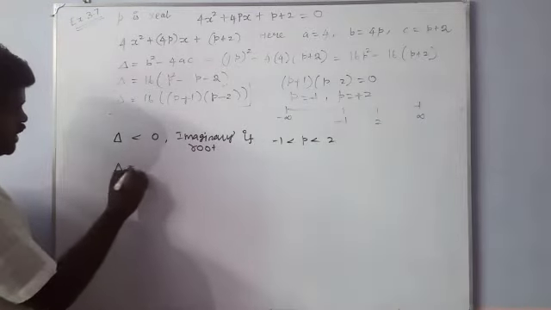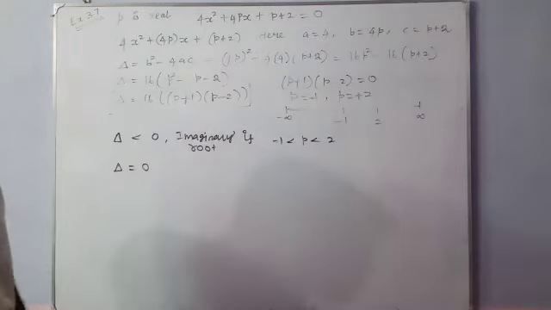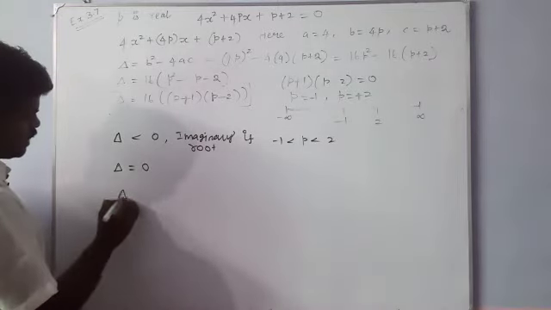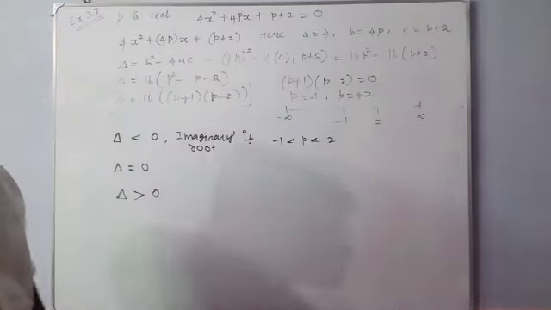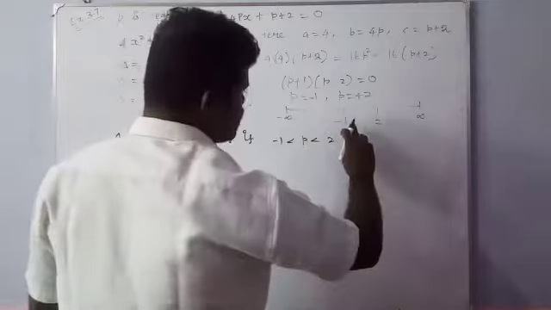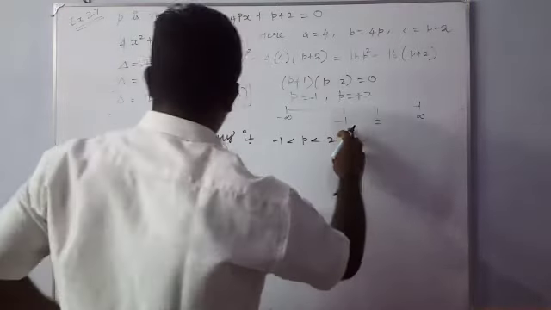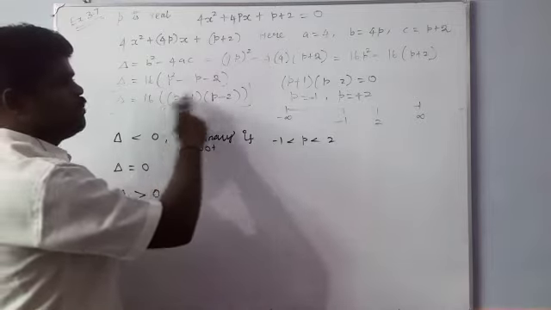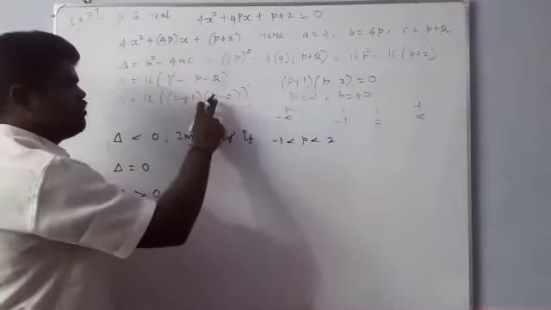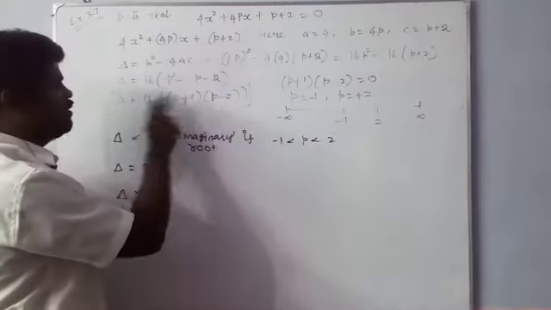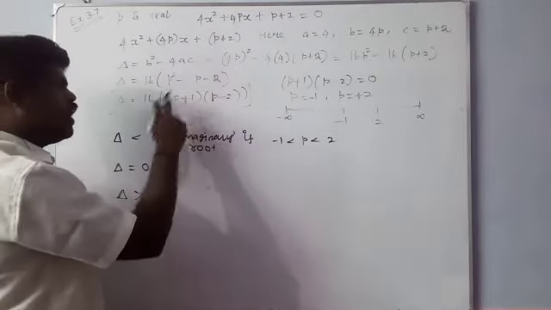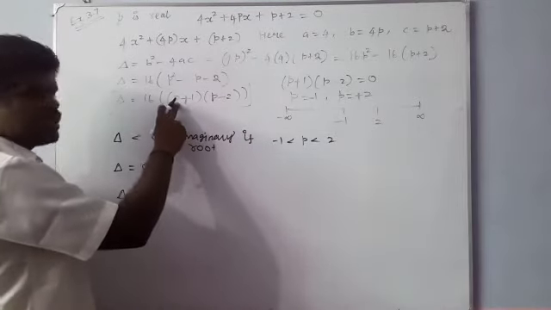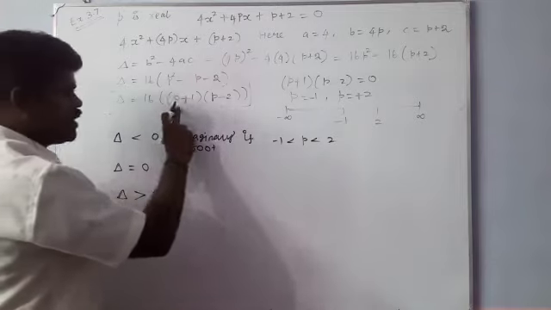Suppose delta equal to 0 or delta greater than 0. If we want delta equal to 0, the value must be p equal to minus 1 or plus 2. If we give plus 2, or we give minus 1 to p, the delta value is completely 0.